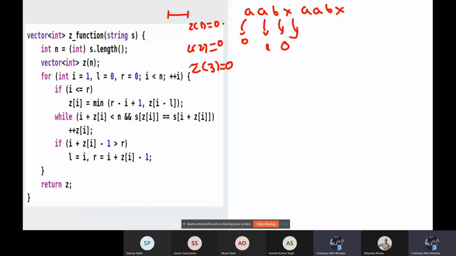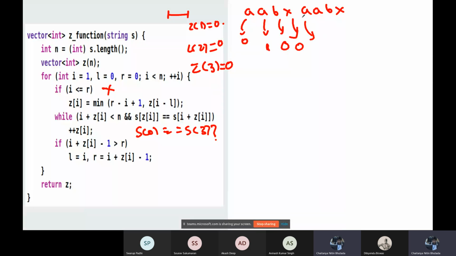It's still not going here. Now here we check whether S of 0 is equal to S of 3 or not. So X is not equal to A, so we don't go here, we don't go here. So it is initialized with 0.